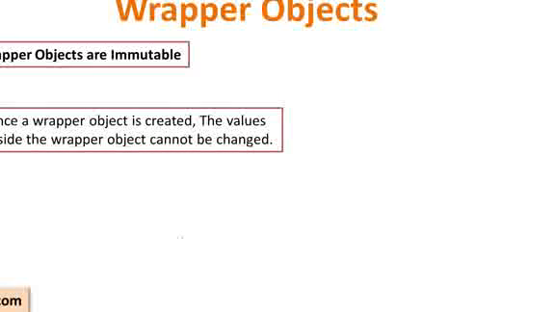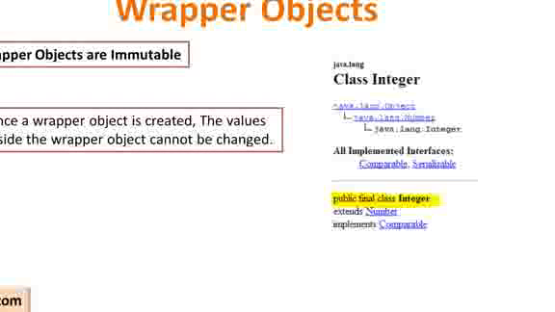If you look at the documentation of these wrapper classes, they are marked as final. That also implicitly means that you cannot extend these classes to implement your own methods, or override the methods that are there in Integer.